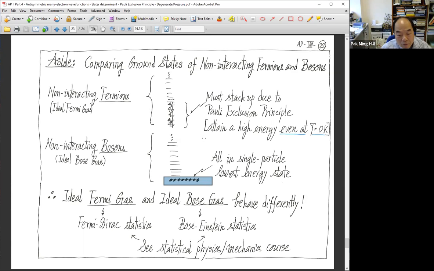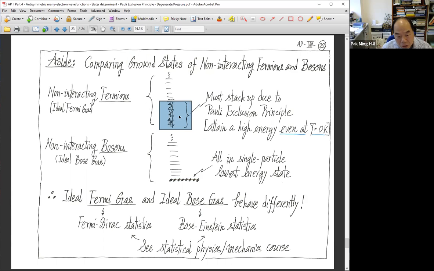So if you are looking for the ground state, then it is easy to see. Just put all the 10 bosons into the lowest single particle state, that is the ground state. Now you see the ground state energy of this whole system is very different from the ground state energy of the fermion system. Do you see that?